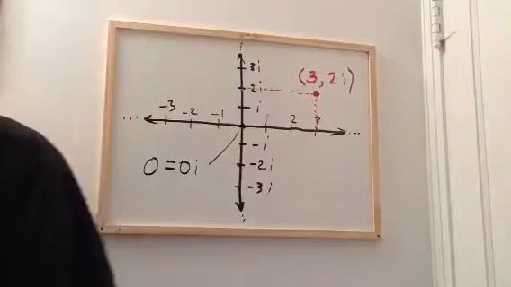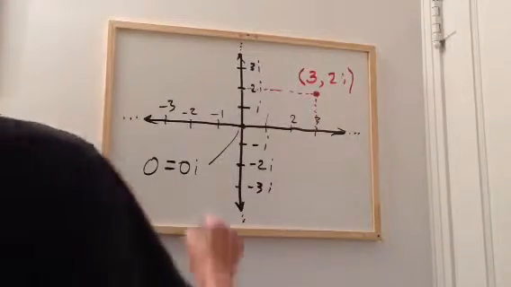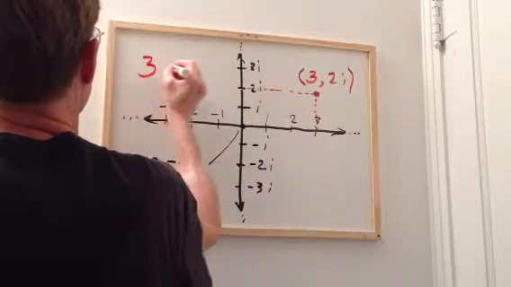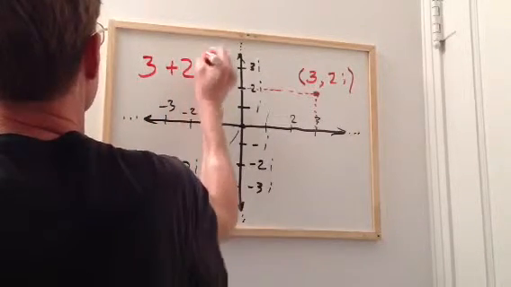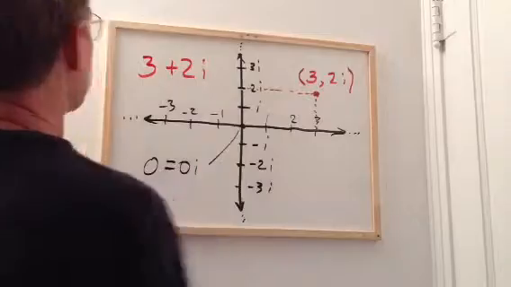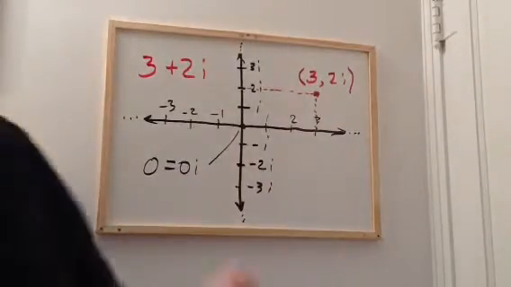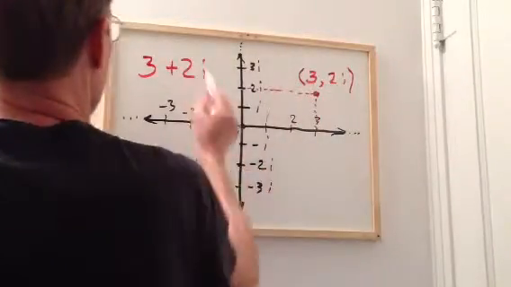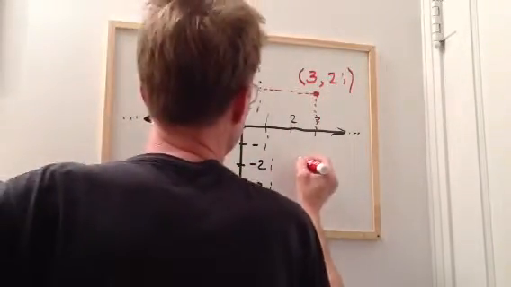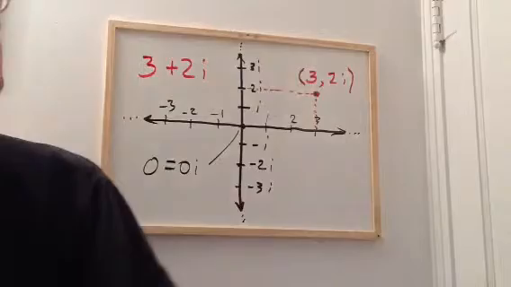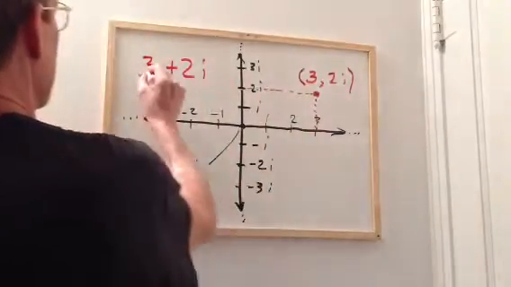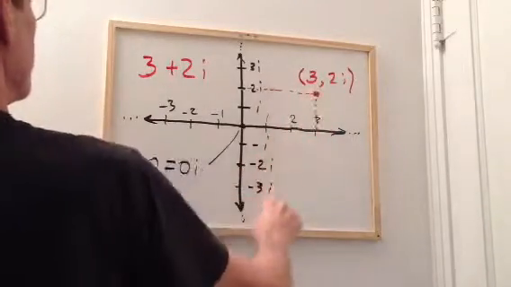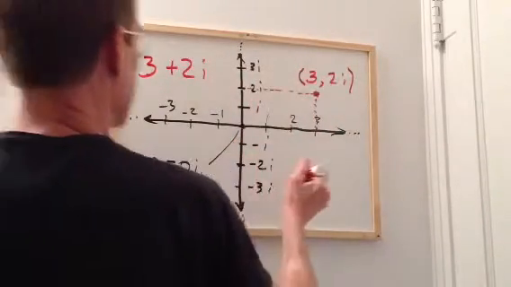Well, as things turn out, we can add real numbers and imaginary numbers together to get quantities that lie all over this plane. We simply define any number, such as 3 plus 2i, as the point 3, in this case on the real number axis, 2i on the vertical axis.